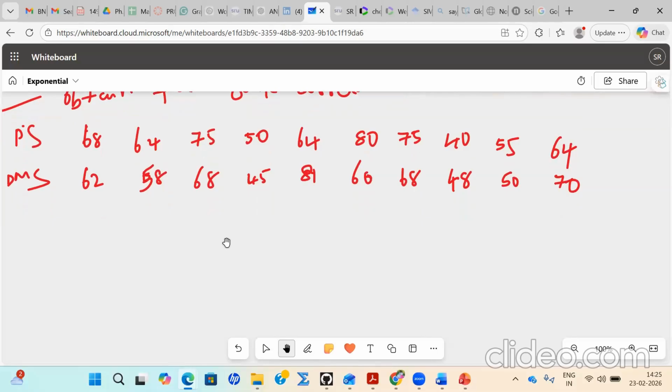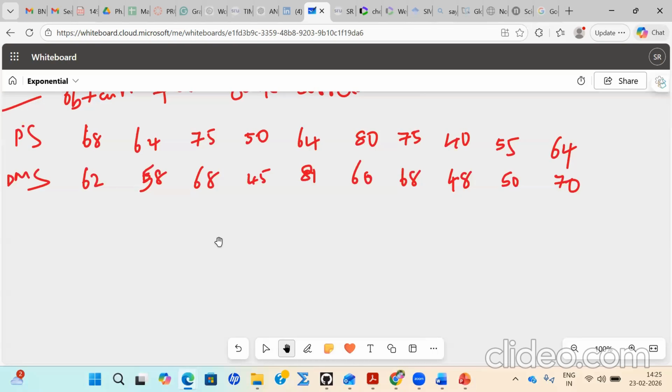So whenever we have any doubt, whenever we have the data with us, the first thing you need to observe by looking at the data is what kind of rank correlation it is.